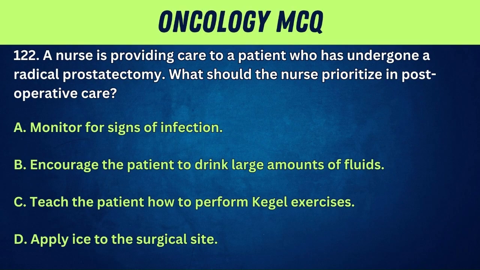122. A nurse is providing care to a patient who has undergone a radical prostatectomy. What should the nurse prioritize in postoperative care? A. Monitor for signs of infection. B. Encourage the patient to drink large amounts of fluids. C. Teach the patient how to perform Kegel exercises. D. Apply ice to the surgical site.